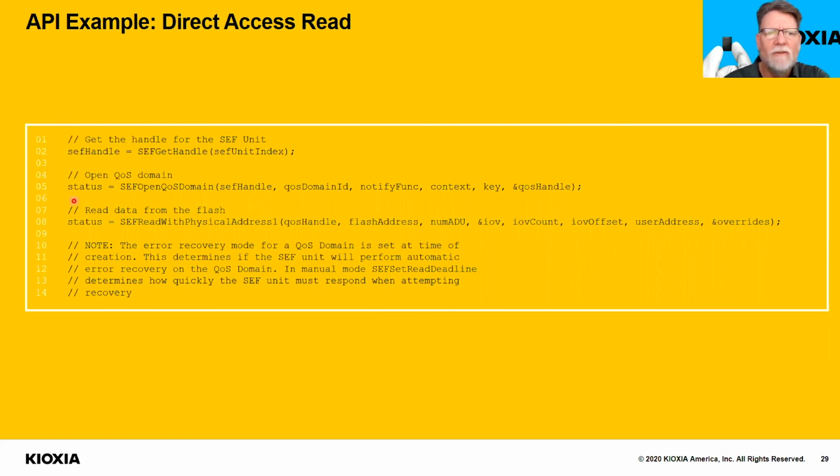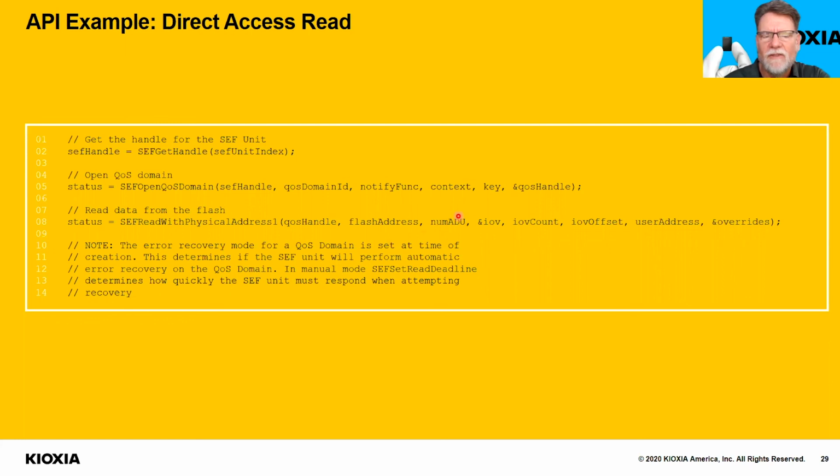But once you have specified a unit and opened up a QoS domain, you can then issue read with physical address, using a flash address parameter, which would be something that was returned in the previous example in the permanent address field. You can specify the starting address you want to read from, the number of atomic data units.